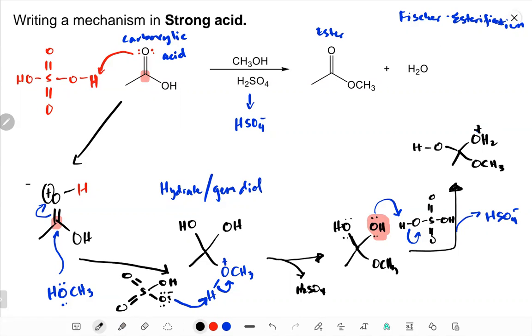And as a consequence, the mechanism would look like this one, and you'll end up getting another positively charged species, another oxonium ion.